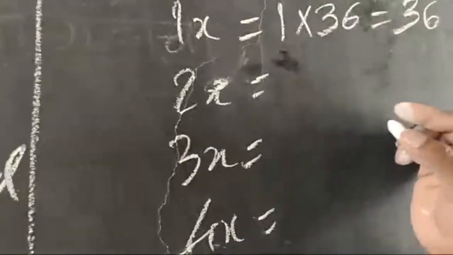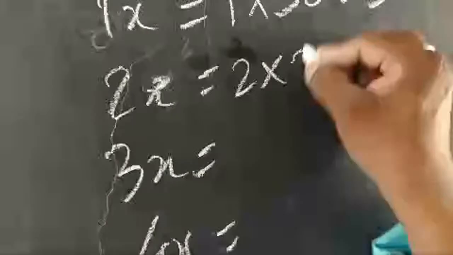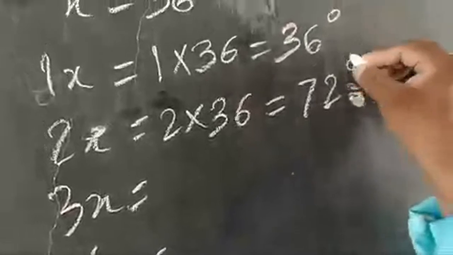Then 2x is equal to 2 into 36, 72 degree.